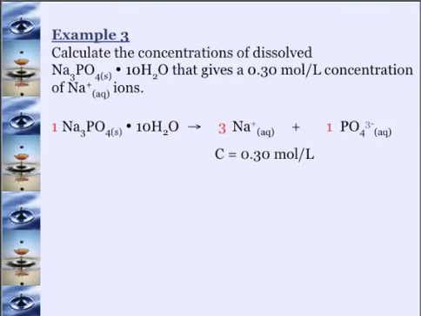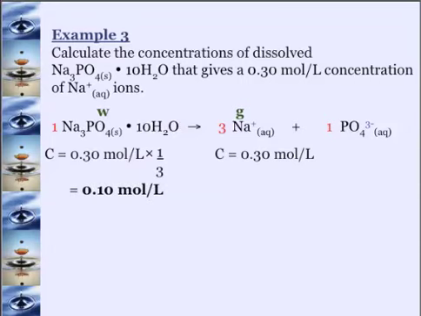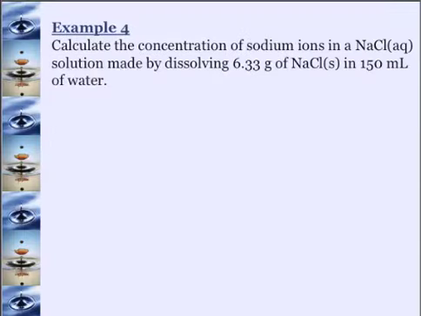We know the concentration of our sodium ions, that's what we're given, but we want the initial concentration that we're going to dissolve. So we've got 0.30 moles per liter, that is what we want, and we're going to divide that by what we're given. That gives us 0.10 moles per liter.